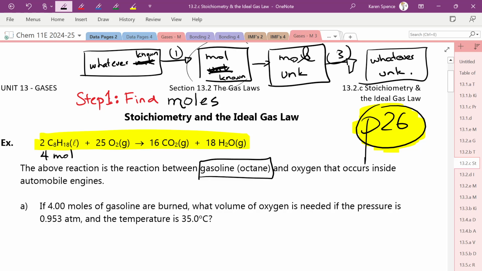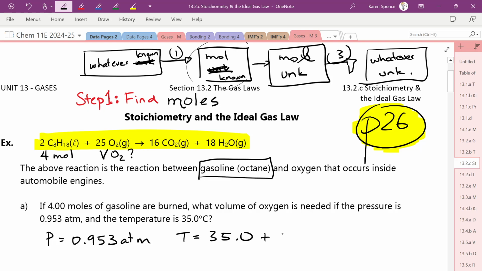We want to know the volume of O2. We know that the pressure is 0.953 atmospheres, and we know that the temperature is 35.0 degrees Celsius.